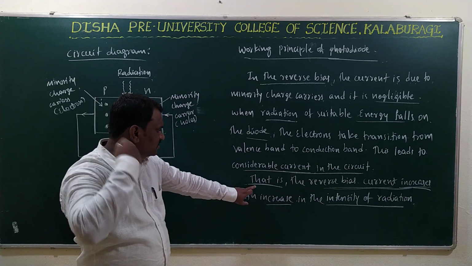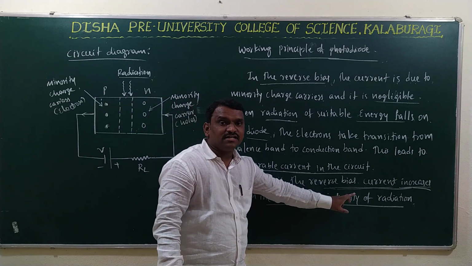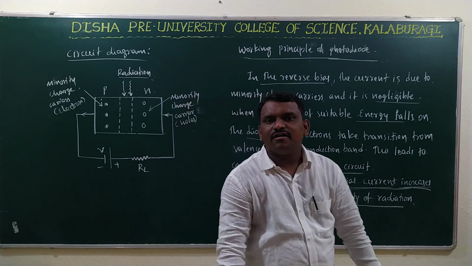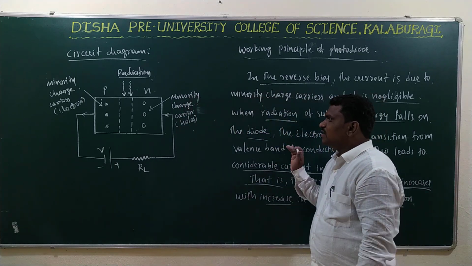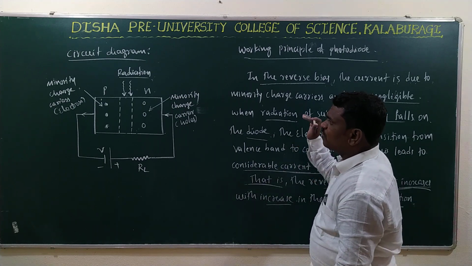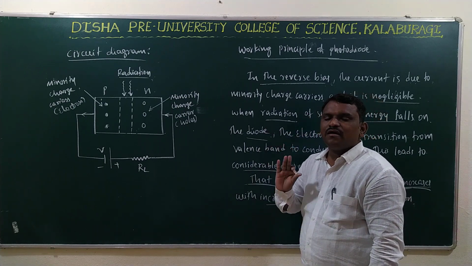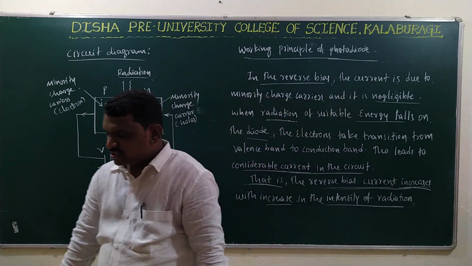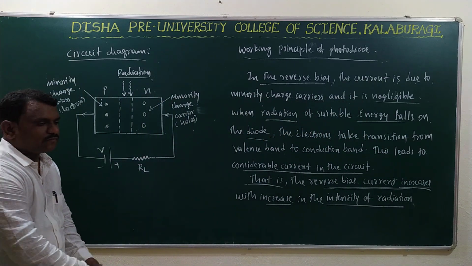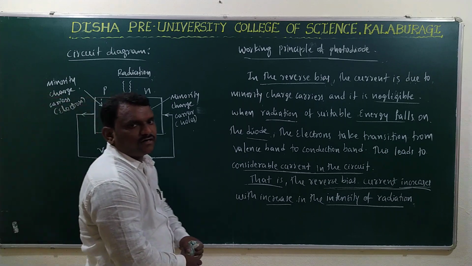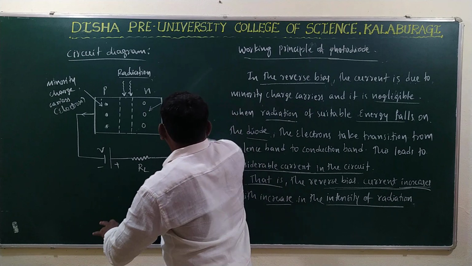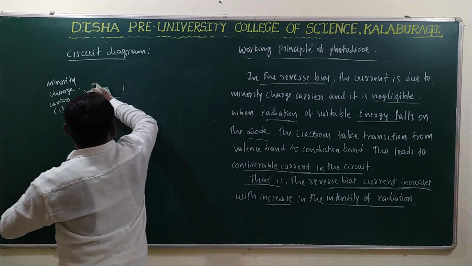Okay, the reverse bias current increases when increasing the intensity of radiation, which means the reverse bias current in the photodiode is proportional to the intensity of radiations. Okay, next the relation between current and the intensity of radiations can be studied from the IV characteristics curve.